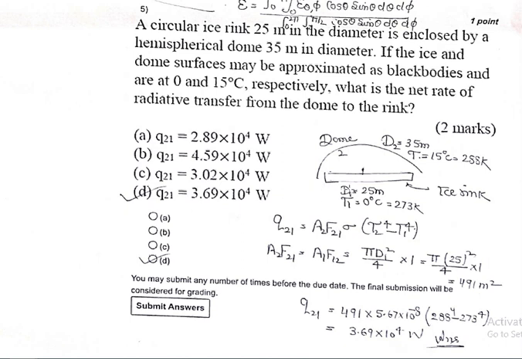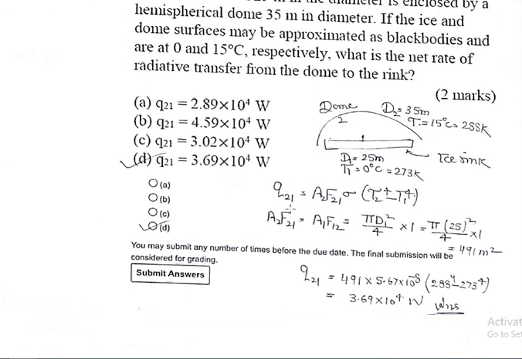The formula for the net rate of radiative heat transfer from the dome to the ring depends on the shape factor. So Q21 is equal to A2, the area of the dome, times F21, the shape factor, times sigma, the Stefan-Boltzmann constant, times T2 to the power 4 minus T1 to the power 4, where T1 is already given.